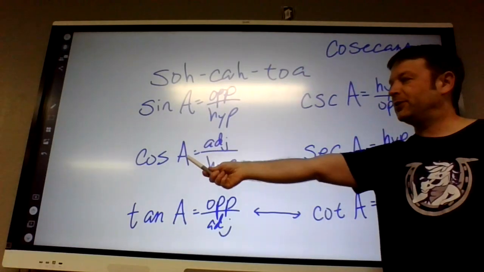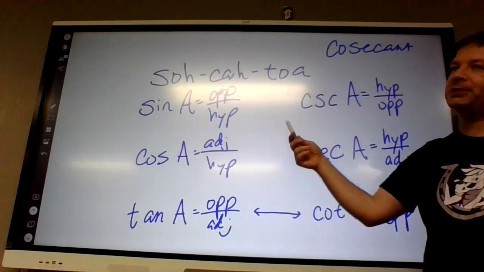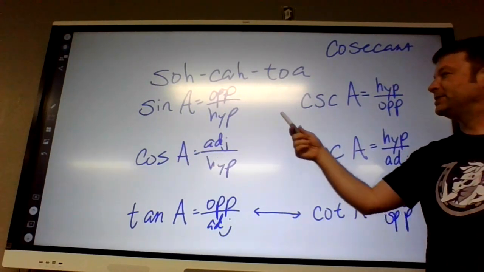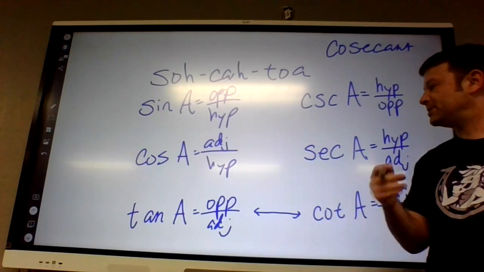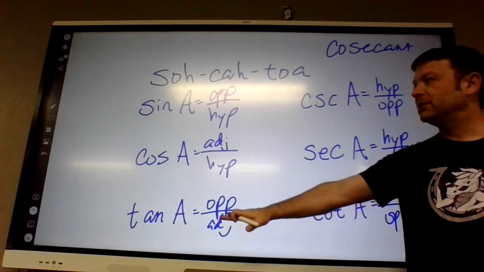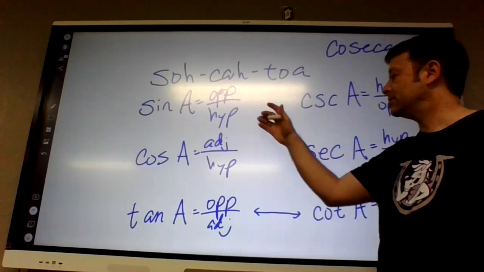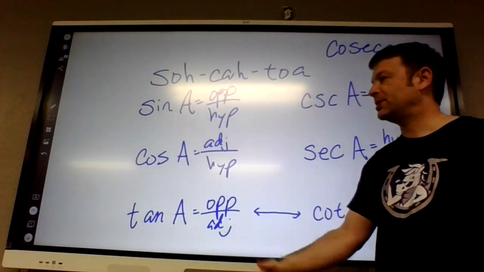So you might think it would go with cosine, but they're opposite. So just remember these two are opposite, the sine cosine ones are opposite, and the last actually matches. So cosecant goes with sine, and secant goes with cosine.